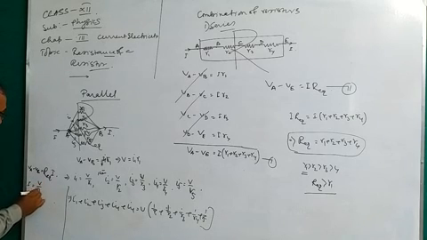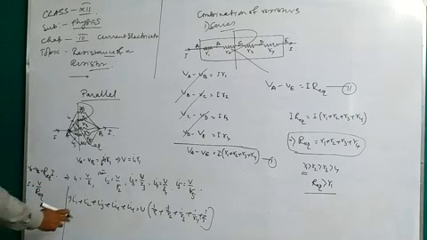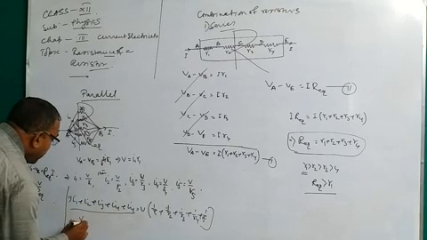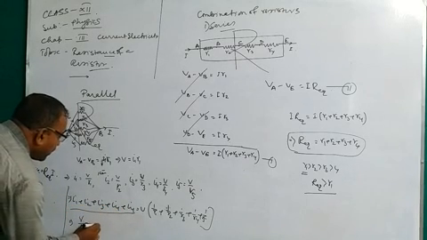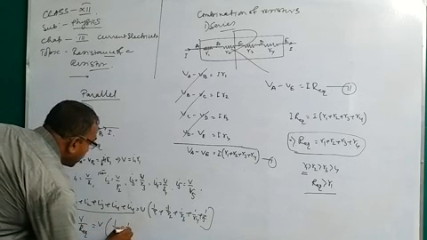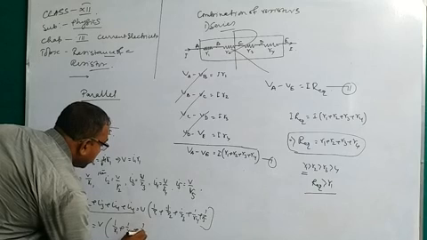V by R equivalent, where the total current is I. So V by R equivalent equals V into (1 by R1 plus 1 by R2 plus 1 by R3 and so on).